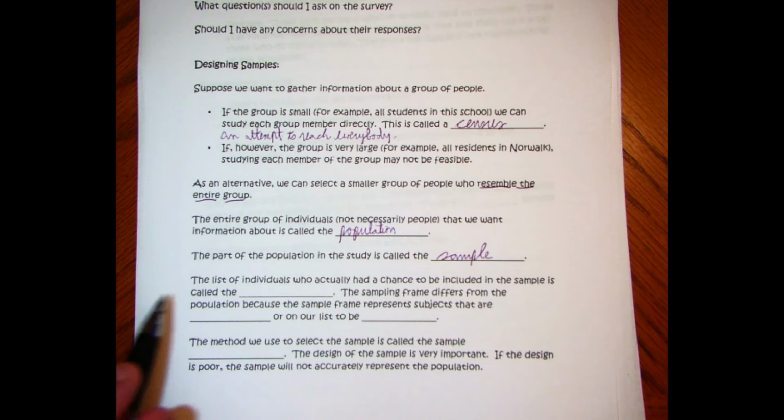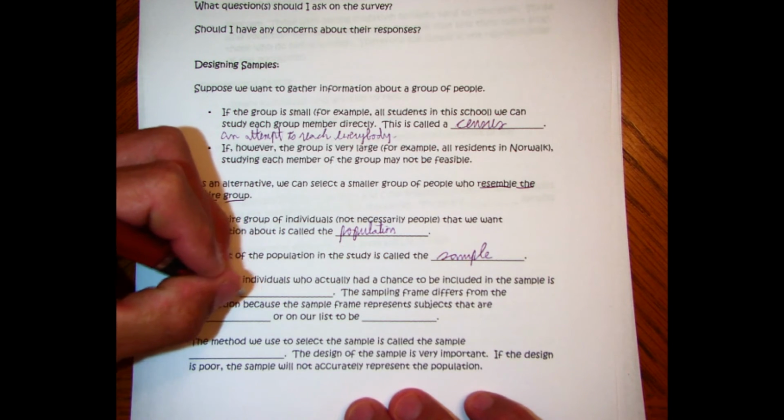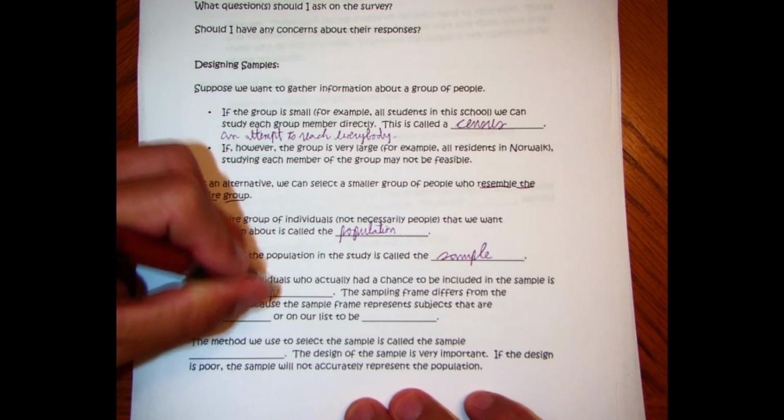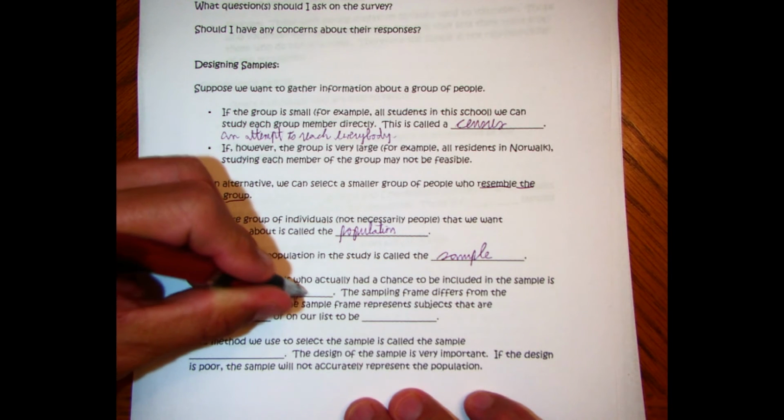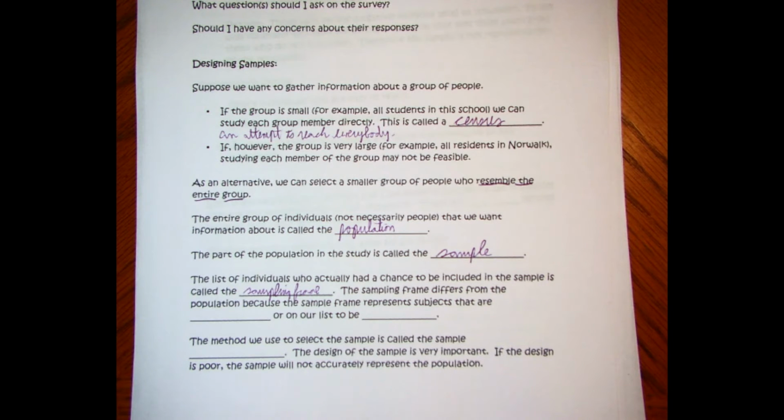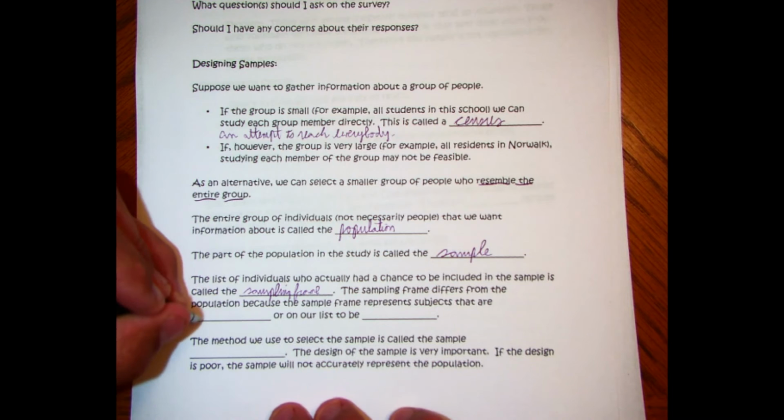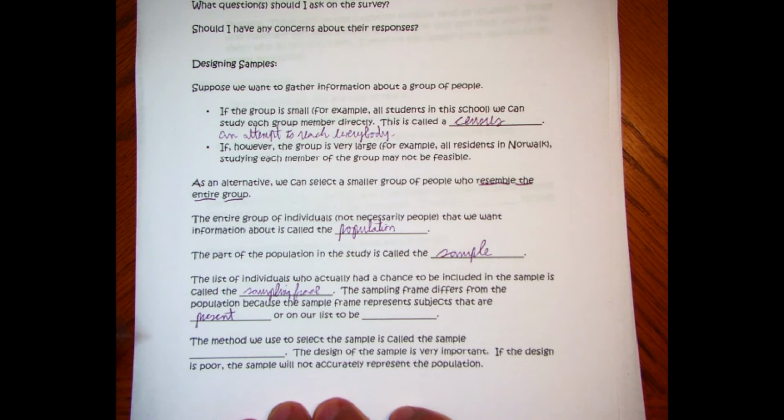The list of individuals who actually had a chance to be included is called the sampling frame. The sampling frame differs from the population because the sampling frame represents subjects that are present or on our list to be sampled.